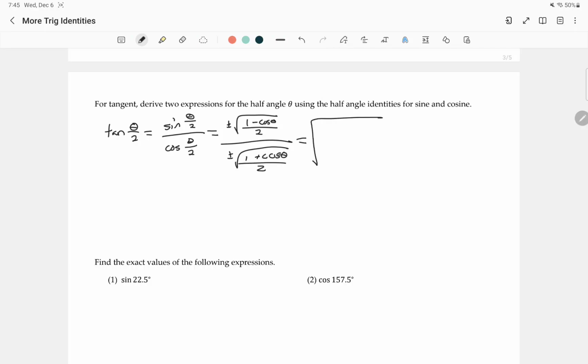And this is going to equal, if we do some canceling, the square root of 1 minus cosine theta over 1 plus cosine theta, with the big plus or minus sign on the outside.